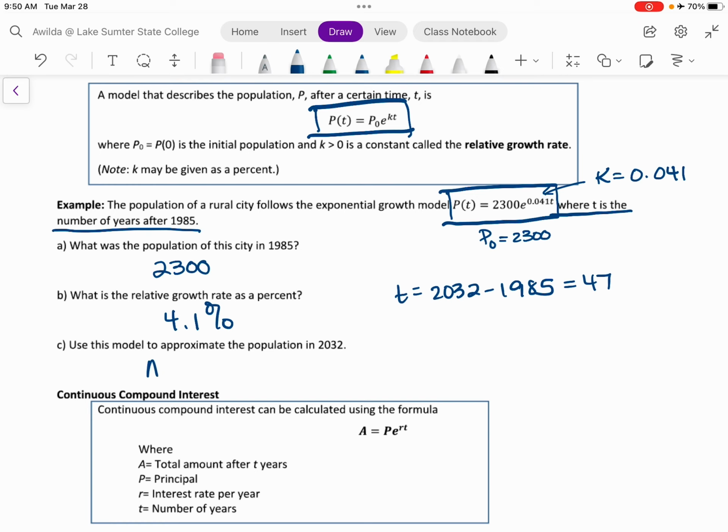So we'll have P equals 2300 times E to the power 0.041 times 47. Again, using a good scientific calculator to enter this carefully, we'll find that the population has grown significantly to 15,798 approximately. We do have a small decimal after the decimal point, but we can either round down or up in this case.